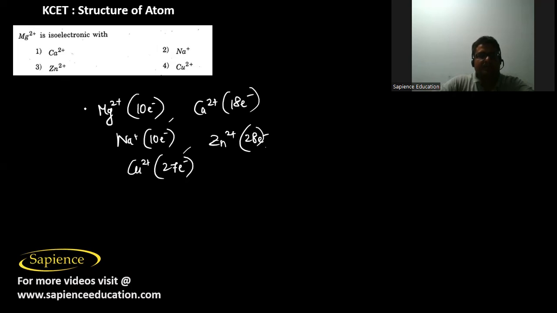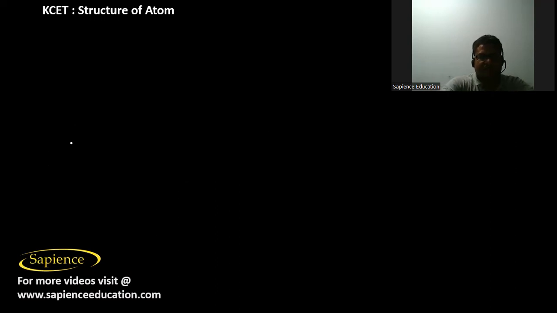So it means that Mg2 plus is isoelectronic with the sodium ion, which is Na plus ion. So option 2 is the correct answer.